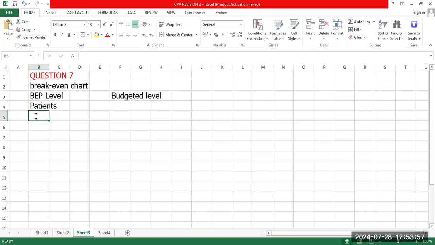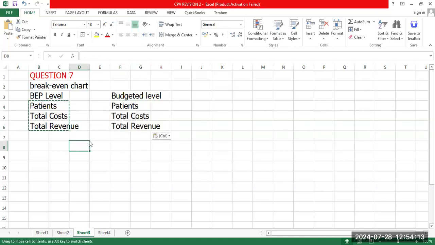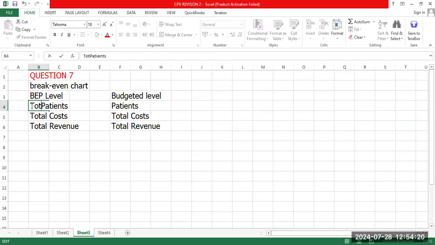We need total costs. We need total revenue. The same applies on the other side here. These are total patients. Also, these are total patients.